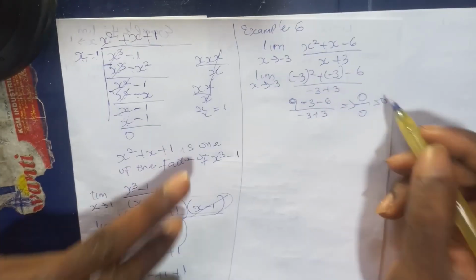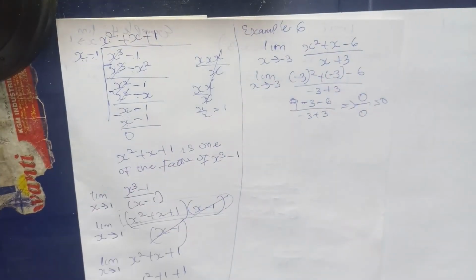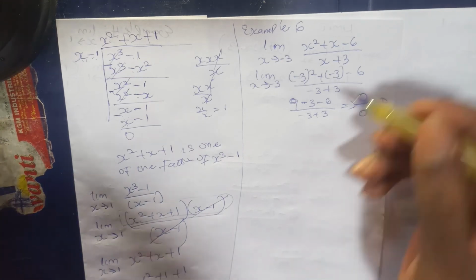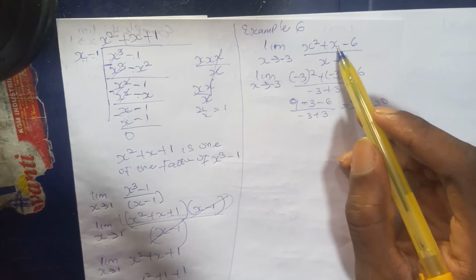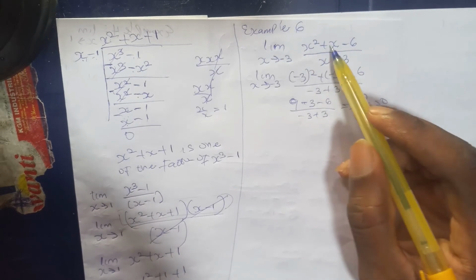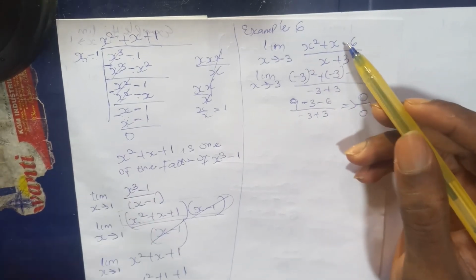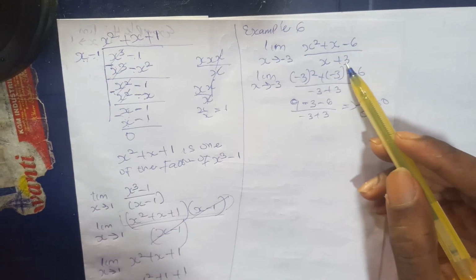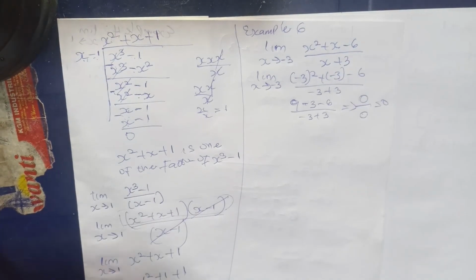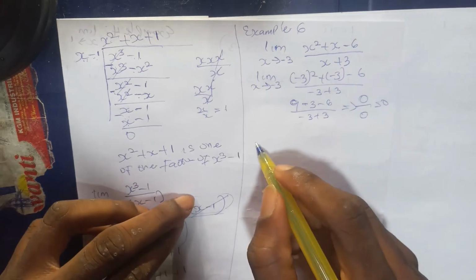Since it gives us this, we'll look for another method of solving it. Now, we'll look for the other factor of x squared plus x minus 6. We already have one factor, which is x plus 3. We want to look for the other factor using polynomial division.